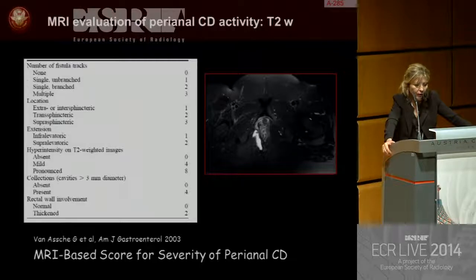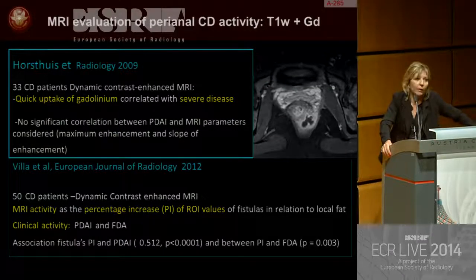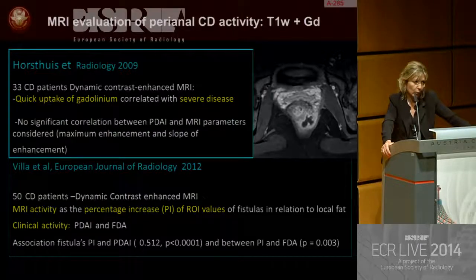A definitive, validated MRI score for the assessment of fistula activity is not available yet. This score has been proposed by Van Assche and is mostly based on T2-weighted imaging. Other authors have proposed a primary role of contrast enhancement in the evaluation of fistula activity.